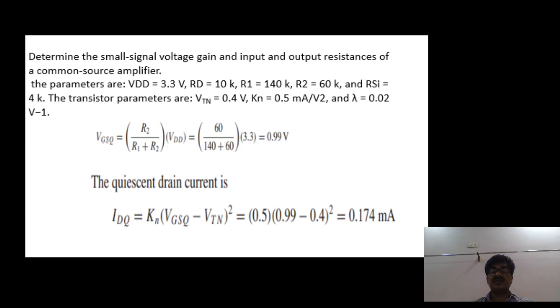This formula is used because the transistor is operating in the saturation region of the MOS transistor for amplification. Its value comes to 0.174 milliamperes.